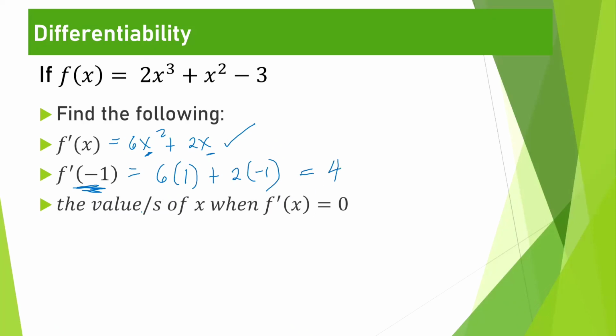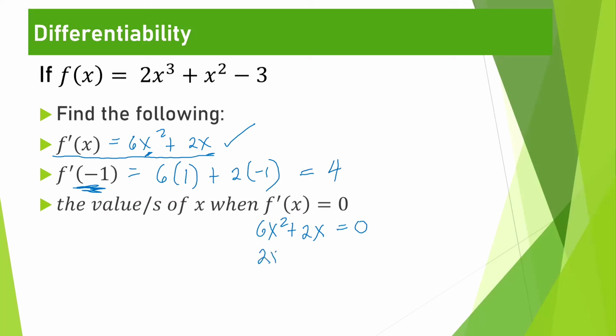Okay? Now, what about the value or values of x when f prime is 0? So, ito yung f prime of x pa rin natin. We'll be making use of this one. Okay, so that is 6x squared plus 2x and then we equate that to 0. We're interested kung anong value of x yung magiging 0 ito, no? So, we factor.